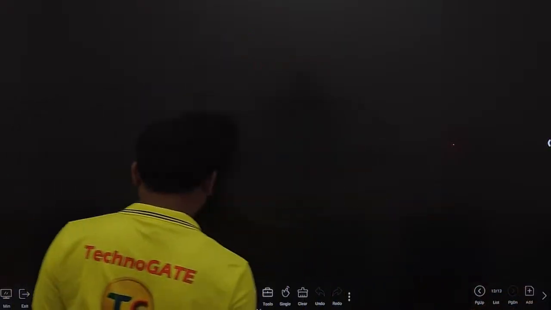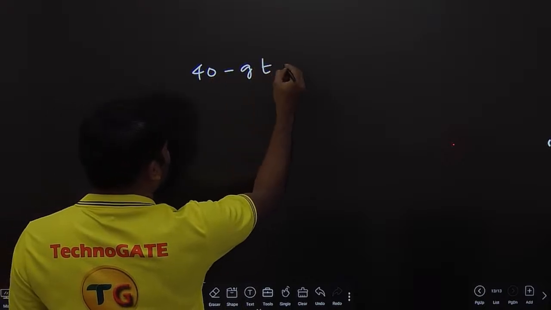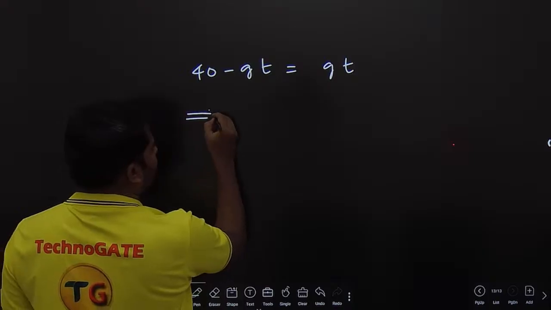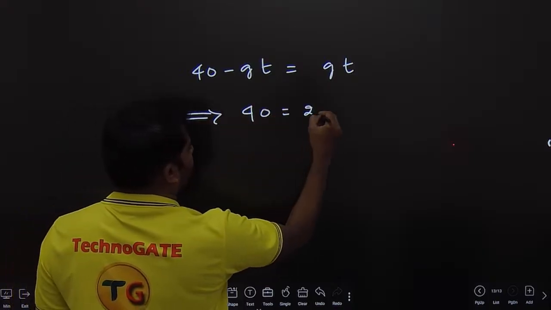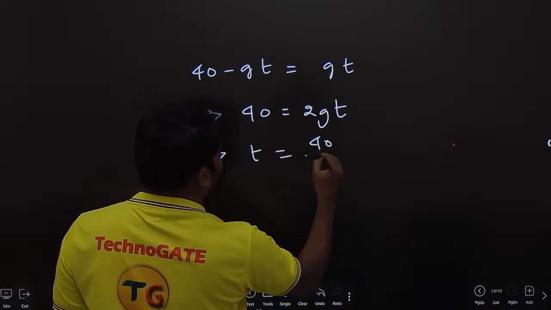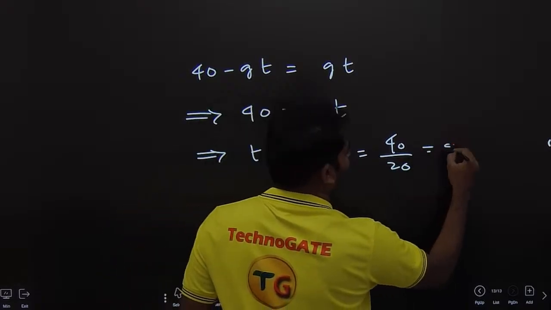So we are actually getting it as 40 minus g into t is equal to g into t, because we should take the magnitude. This implies 40 is equal to 2gt. This implies time is equal to 40 by 2g, which is 40 by 20, which is nothing but 2 seconds.